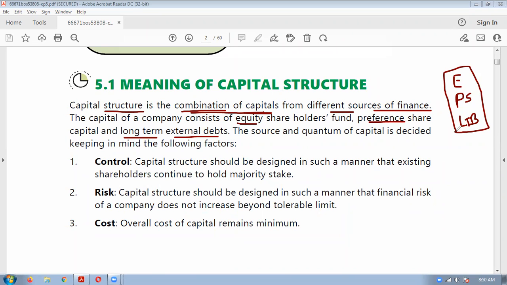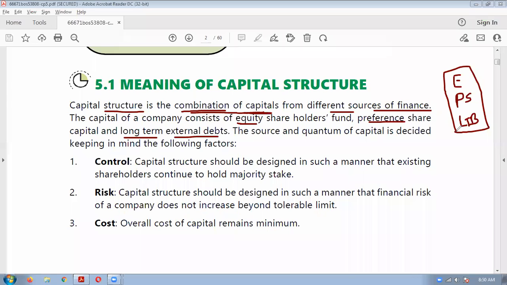If you are talking about a sole trading business or a partnership business, it will have its own capital structure. Like initial investment will be there, which will be the capital. Then loans will be there. So it will be the capital structure for a non-company form of organization.